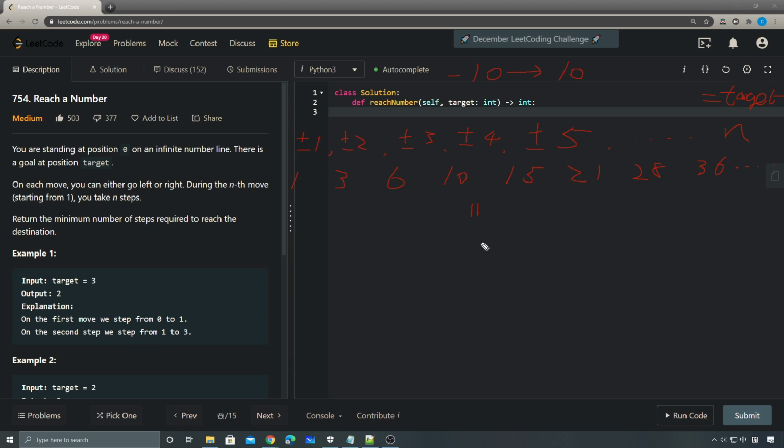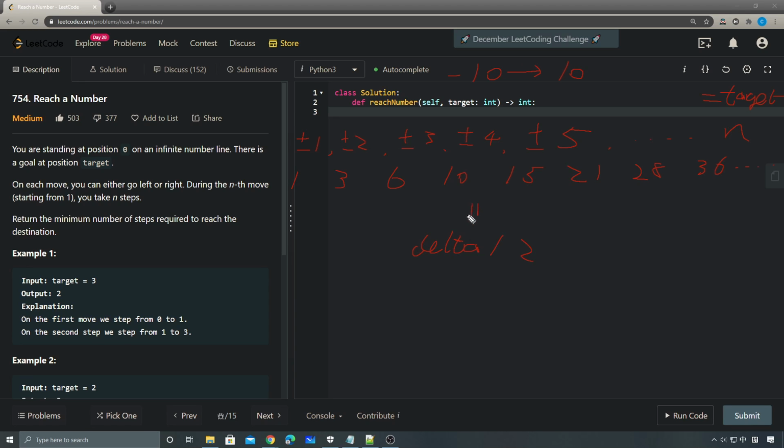So why is that? First, every time we flip a sign, the difference is always an even number. Second, we can always find a subset of the numbers from 1 to the current number whose total is the delta divided by 2.